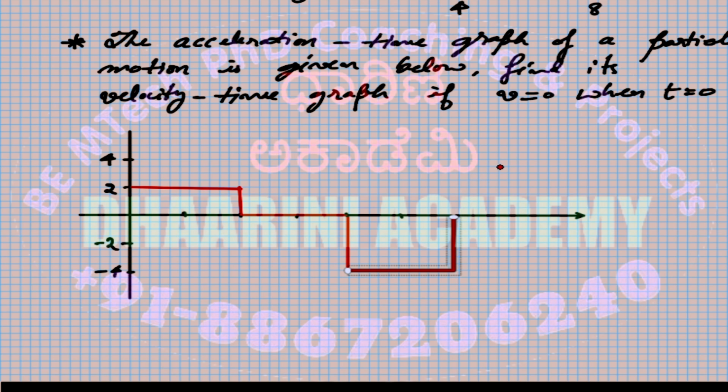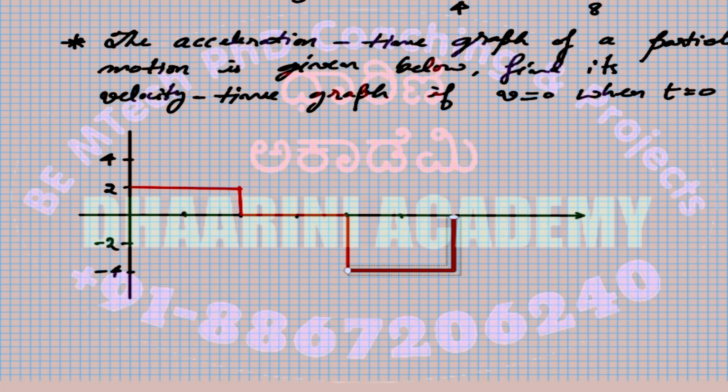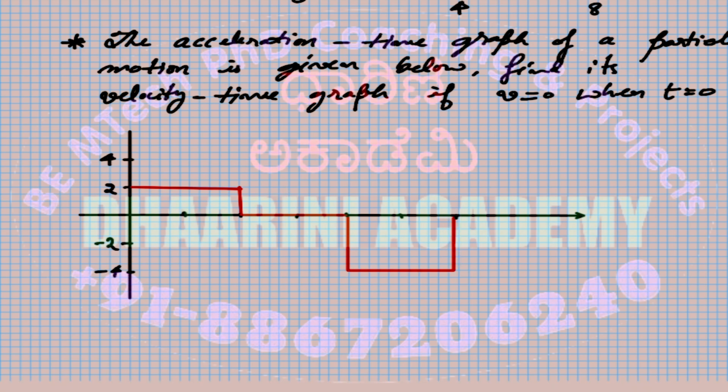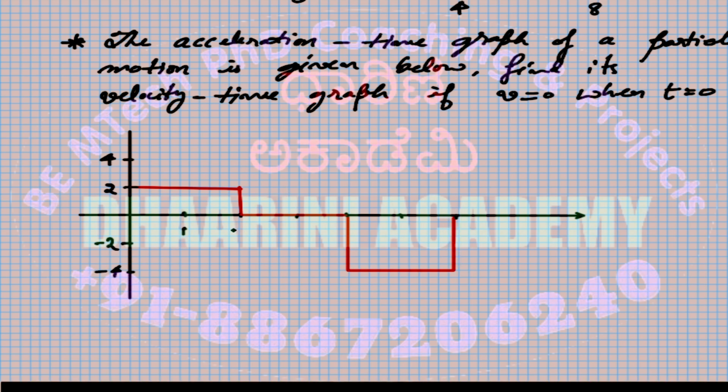Okay, then it comes back to this. So the time axis values are given: 1, 2, 3, 4, 5, 6 time in seconds, and this is the acceleration in meter per second square.